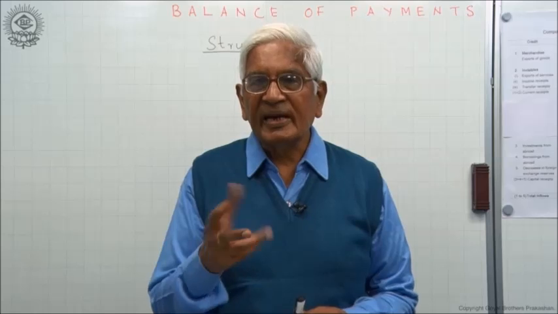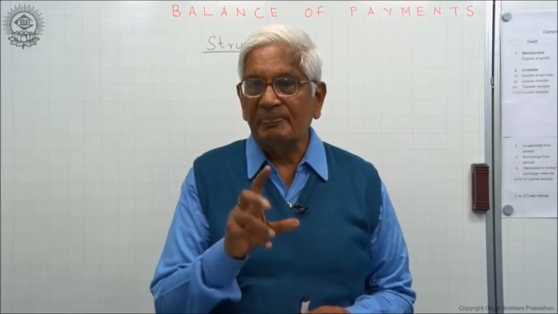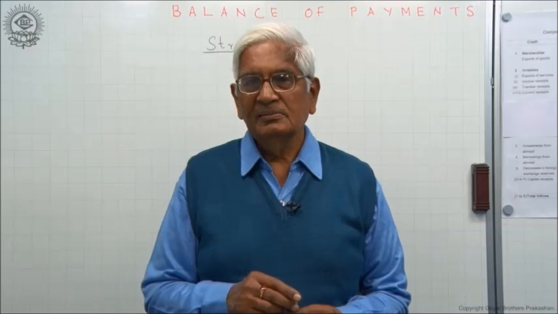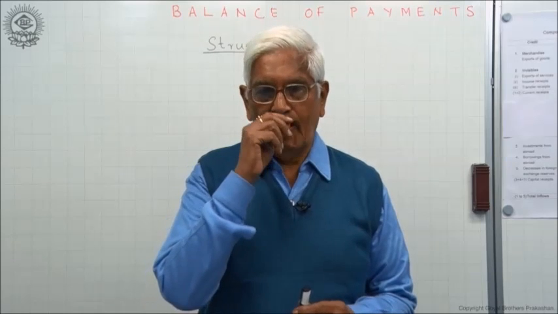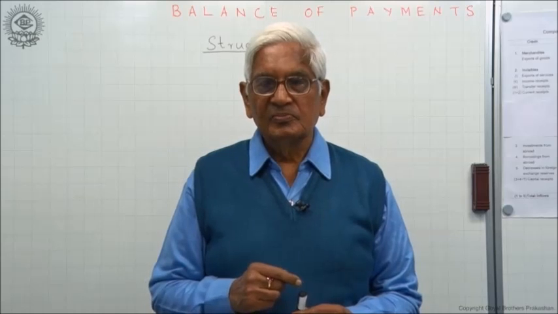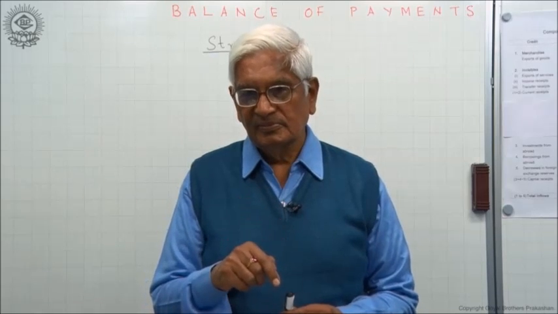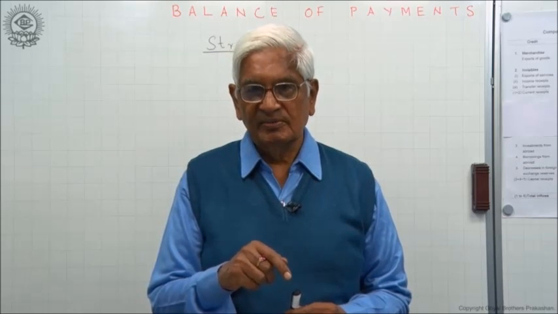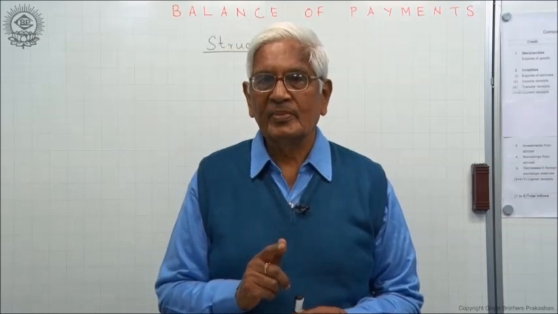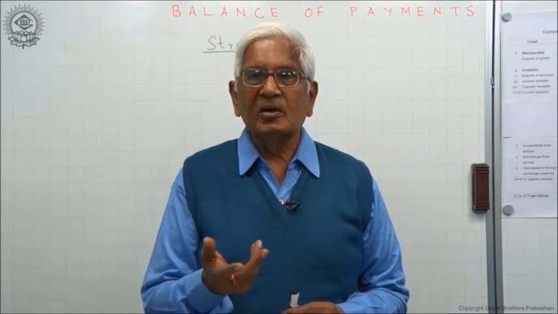So if credits are higher than debits in part of the account, then it is positive inflow of foreign exchange in that part of the account, or we can call it balance.